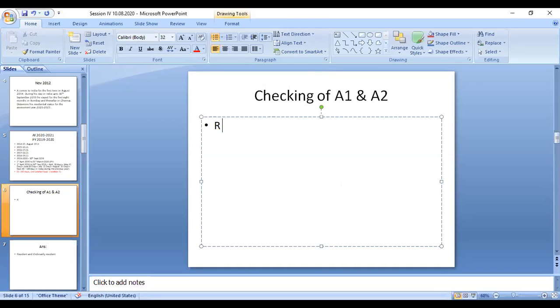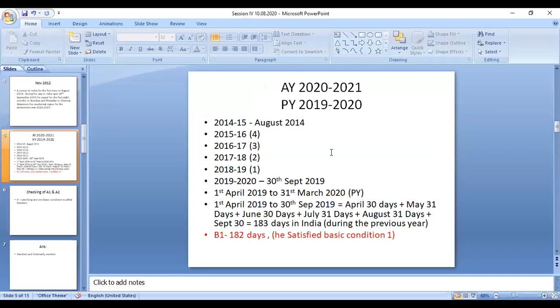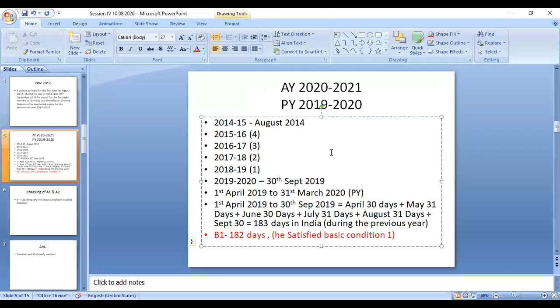Satisfying any one basic condition is called resident. What is resident? Satisfying any one basic condition is called resident. So here we have to take 10 previous years.